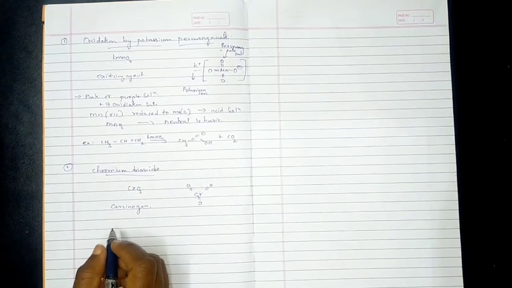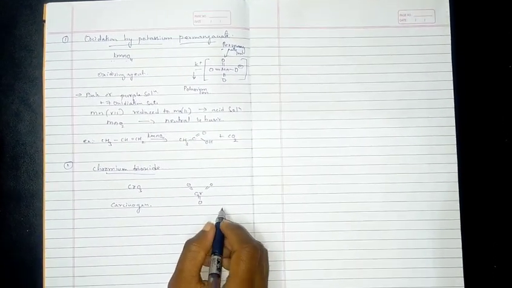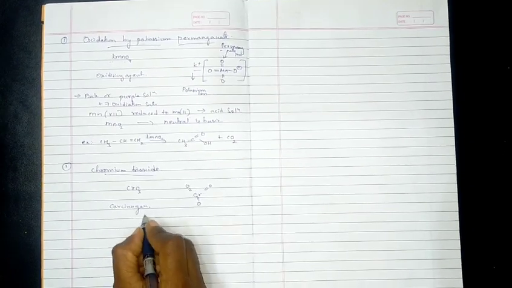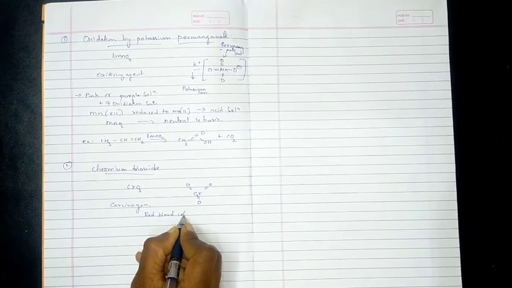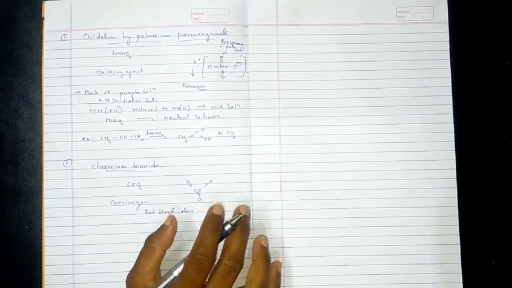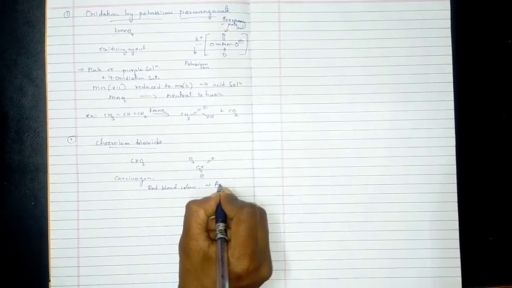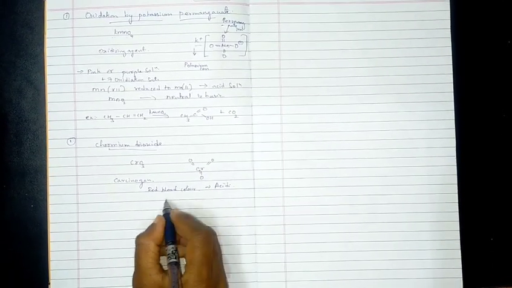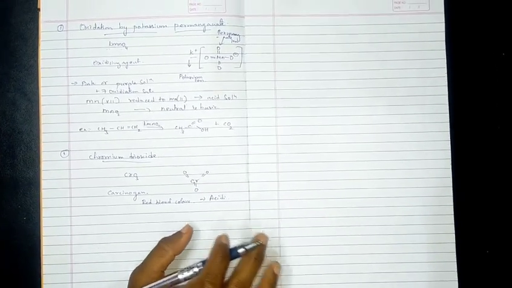Now how it looks is, in acid solutions it would look like a red blood color, because of the presence of chromium and oxides.